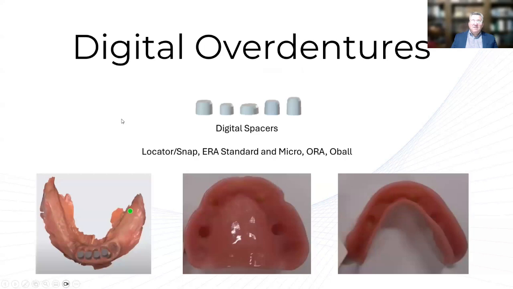And finally, digital overdentures is something that's coming on very strong now with a lot of the softwares, exocad, 3Shape. You can order digital spacers, scan your spacers on your abutments, and scan those into your software, create your overdenture digitally, where you don't have to sit there chair side and hog it out.